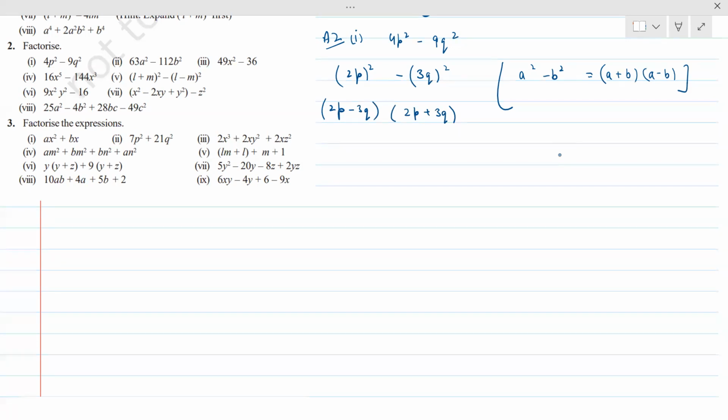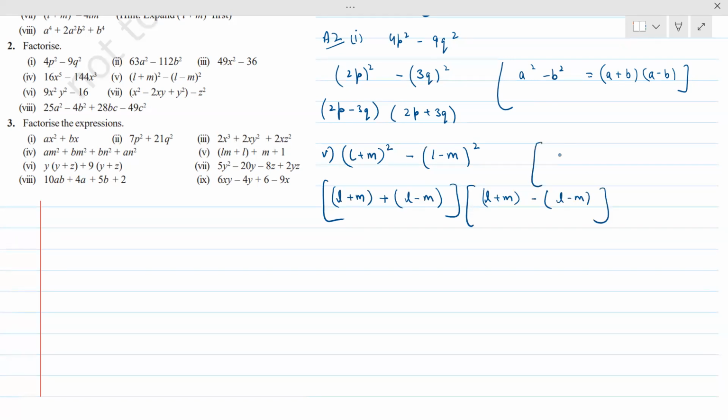Coming to the next part, let's see another part as fifth part, L plus m whole square minus L minus m whole square. So it is again coming out to be a square minus b square, right? So it will be L plus m plus L minus m, one factor, and the other is L plus m minus L minus m. This is where a is L plus m, b is L minus m.